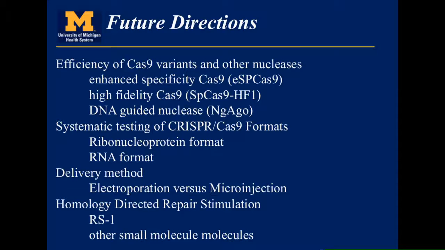And so in terms of future directions, the field is moving rapidly. This year, we had the enhanced specificity Cas9 published. We had the high fidelity Cas9 published. And then we have the, some long Latin name, Argonaute DNA-guided nuclease.